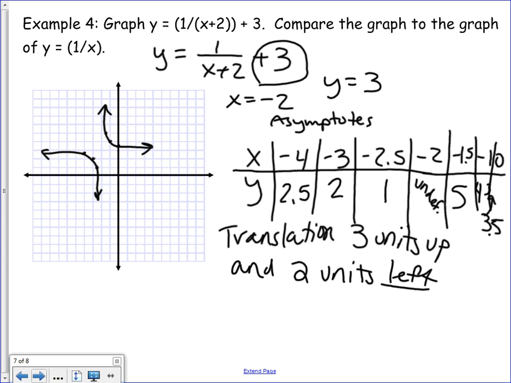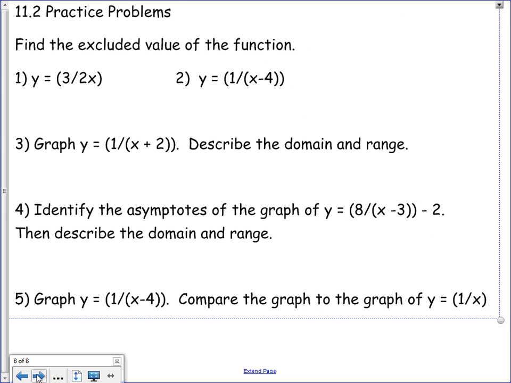Again, because of this plus 2, we're always doing the opposite of what that is, so we're going to the left of the graph of y equals 1 over x. Okay, so now we've graphed it and we've compared it to the graph of y equals 1 over x. So the comparisons are very similar to what we've been dealing with when we have absolute value graphs or square root graphs, right?